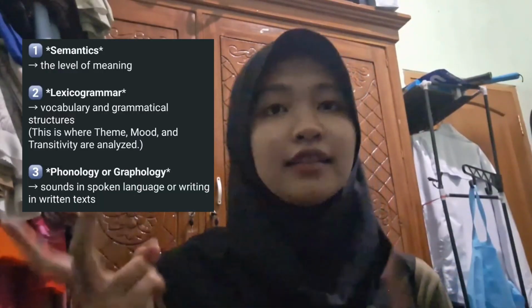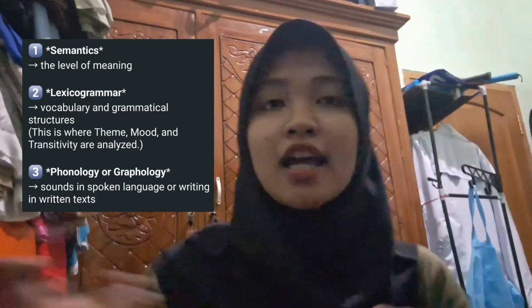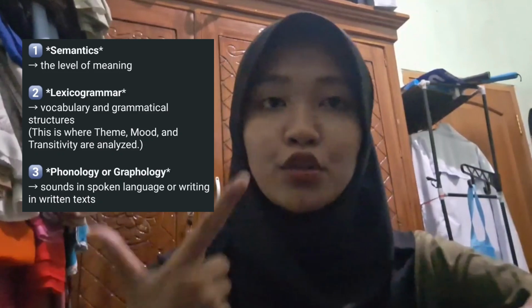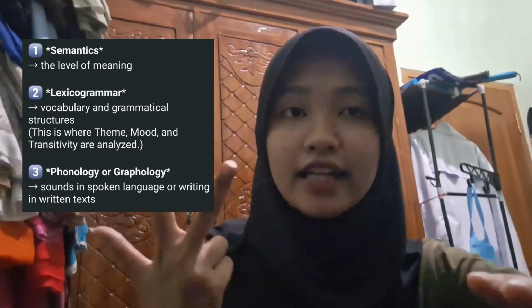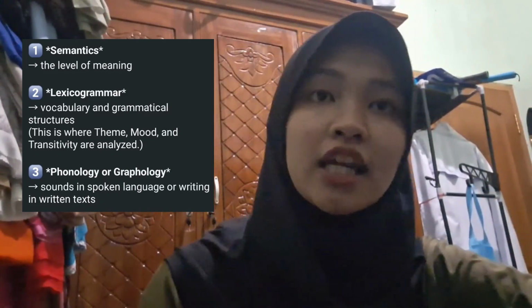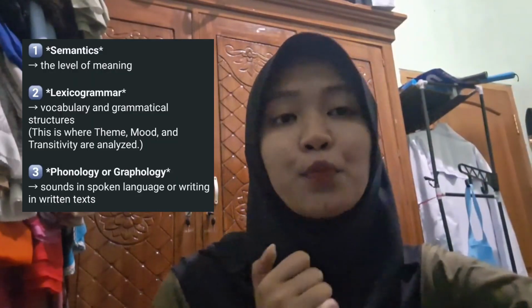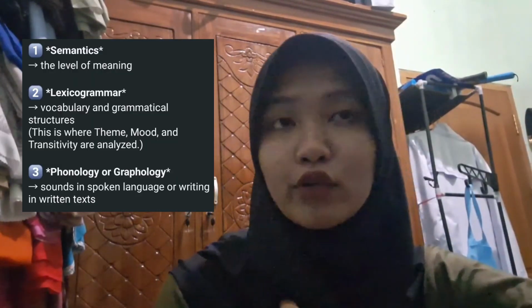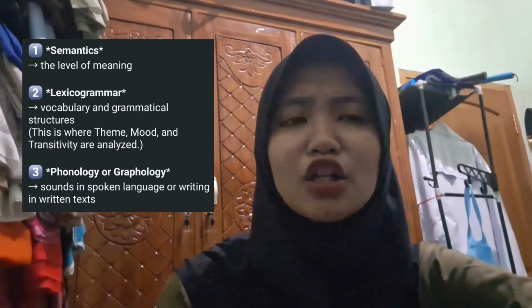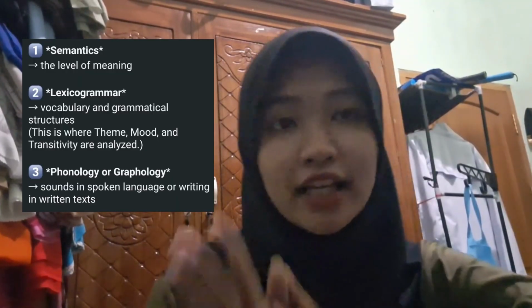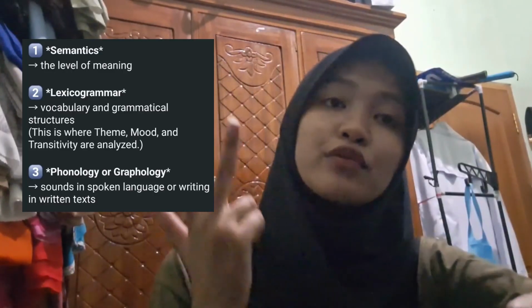Then there is lexicogrammar, or vocabulary and grammatical structures, where theme, mood, and transitivity are analyzed. And the last one is phonology and graphology, which is sound in spoken language or writing in text. This means meaning is first created at the semantic level, then realized through grammar, and finally expressed through sound or writing.